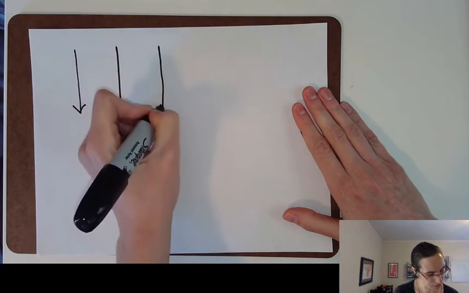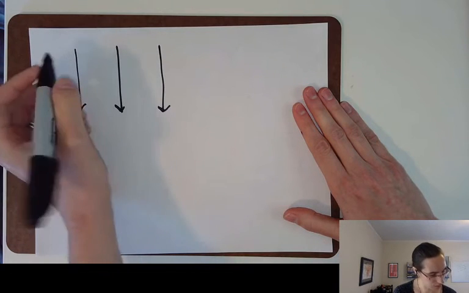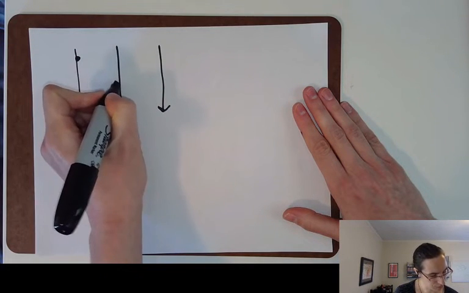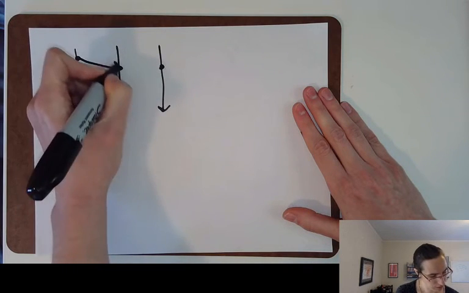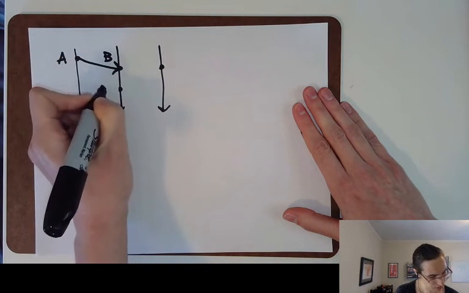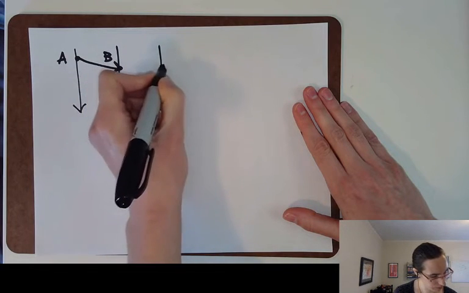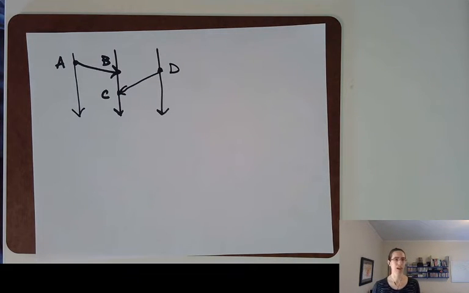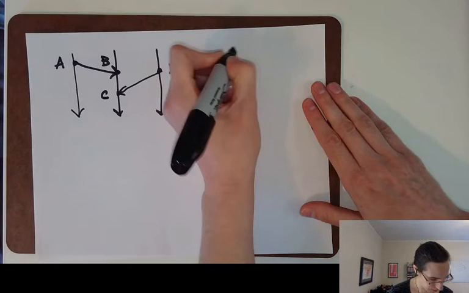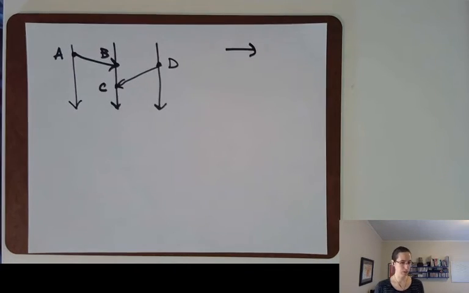So if we're talking about some set of events, let's say we have A, B, C, and D. Let's just try to write down the happens before relation. By that, I just mean the set of pairs of events that are related by this happens before relation.